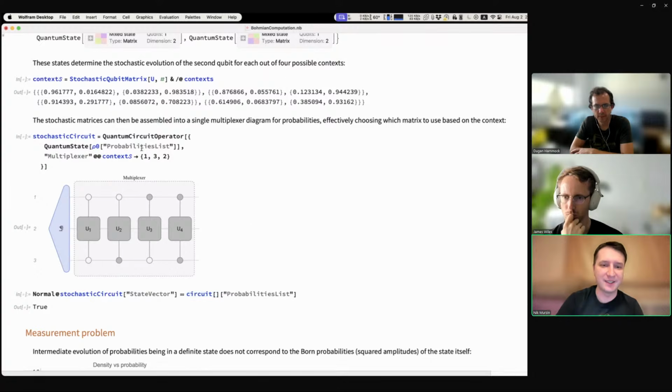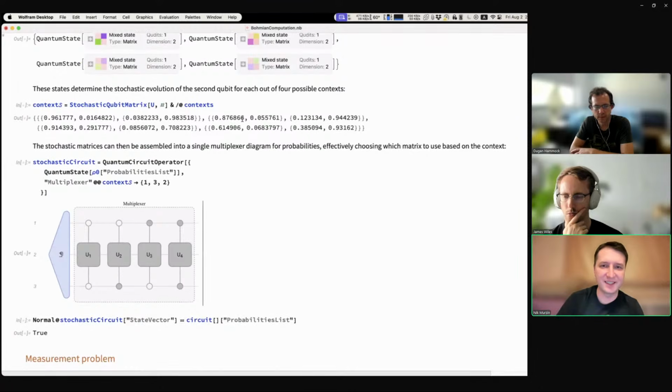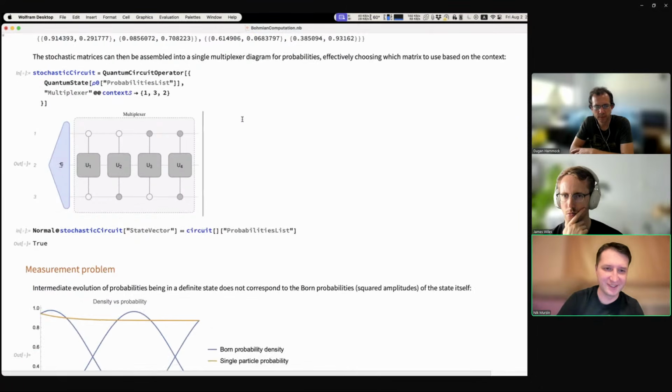So that's how non-contextuality and non-inequality is explicitly shown in this kind of computational Bohmian case. Yes. So okay, this is another set of questions answered.